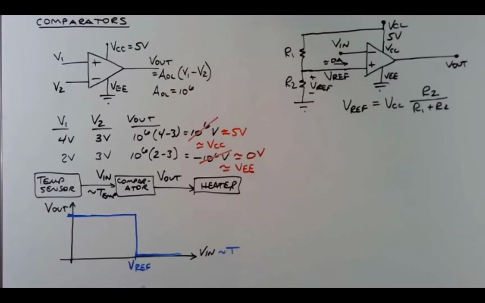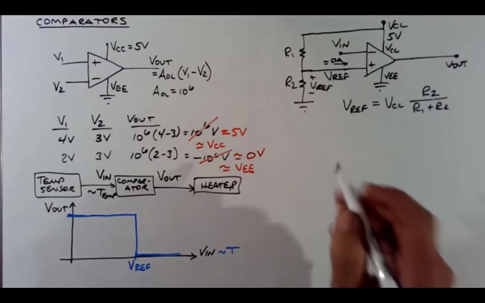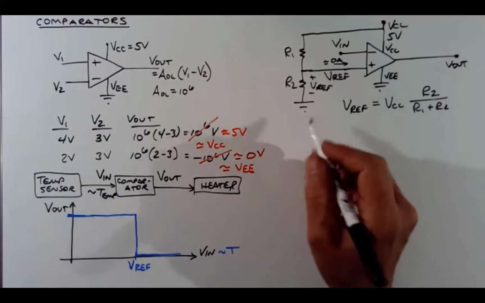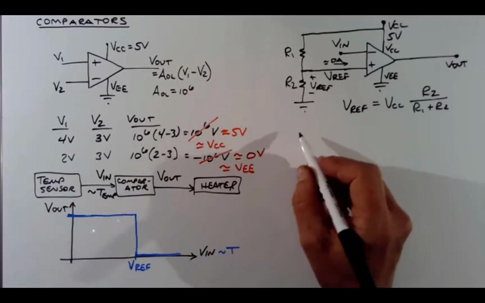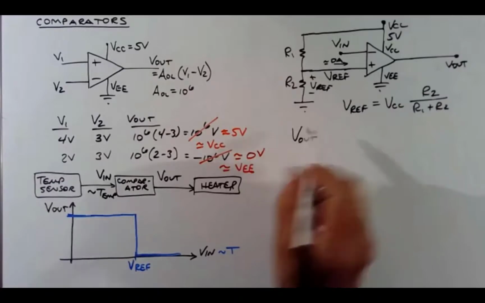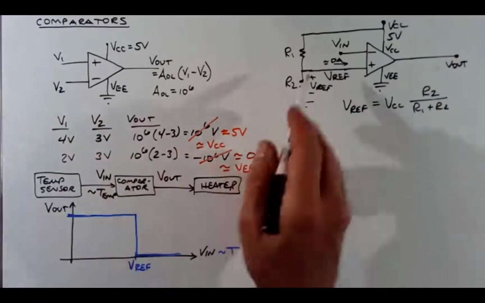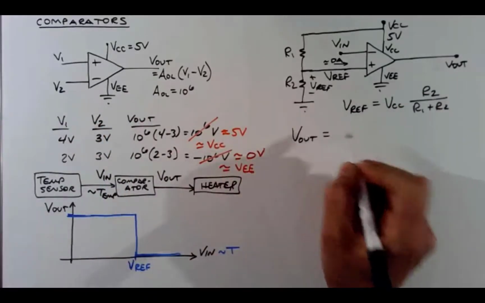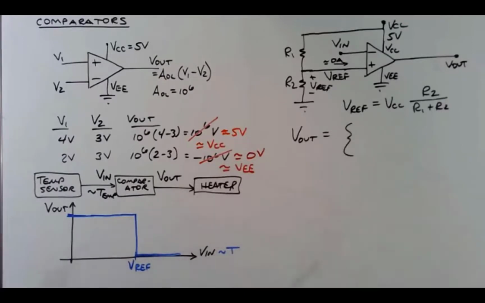Let me summarize what's happening at this op amp. Kind of give you a takeaway here, that for the output of an op amp, this circuit, and well, it's the same as the circuit over here without the resistors. So V out equals, it depends on V1 versus V2.